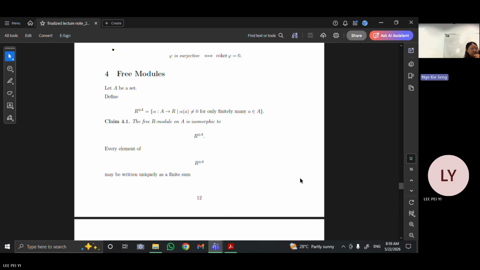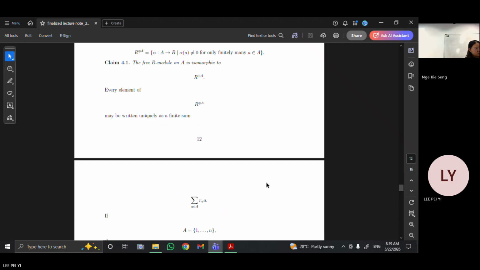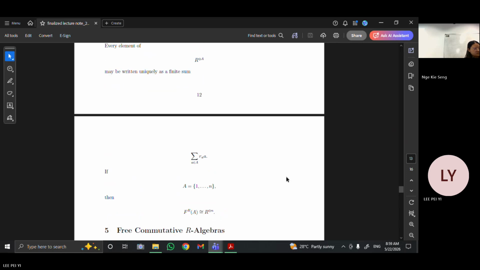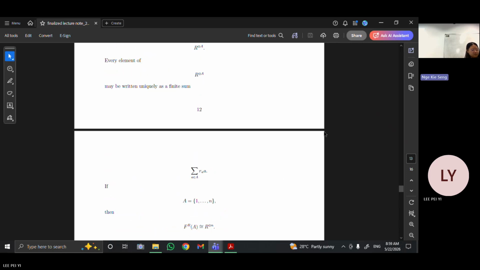We claim that the free R-module on A is isomorphic to R^(A), and every element may be written uniquely as a finite sum.